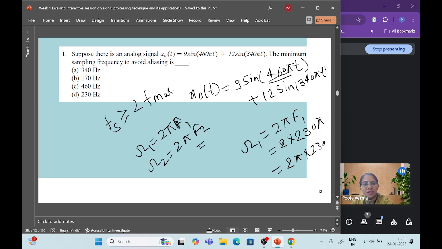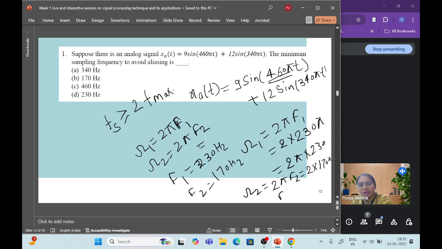That means f1 is 230 hertz. Similarly, for omega 2, 2 pi f2, that means 2 into 170 pi, so f2 is equal to 170 hertz.